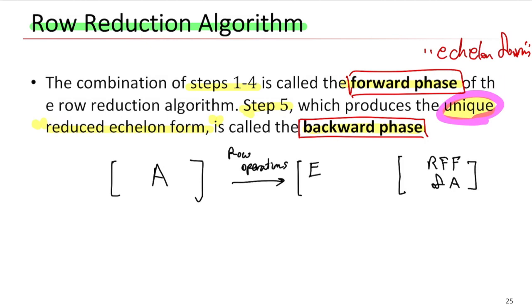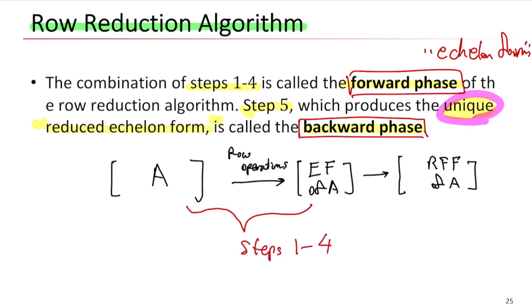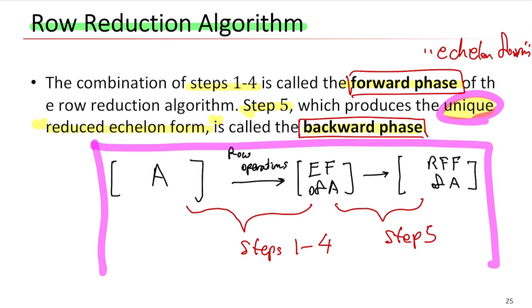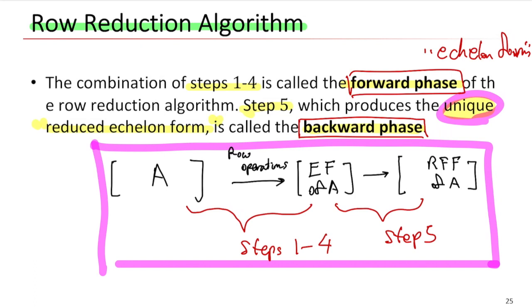We will find the echelon form of A, and from the echelon form of A, we can derive the reduced echelon form of A. So in the row reduction algorithm, this procedure, steps 1 through 5, this whole procedure is called what? Row reduction algorithm.